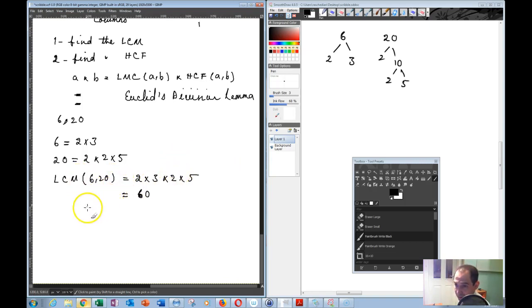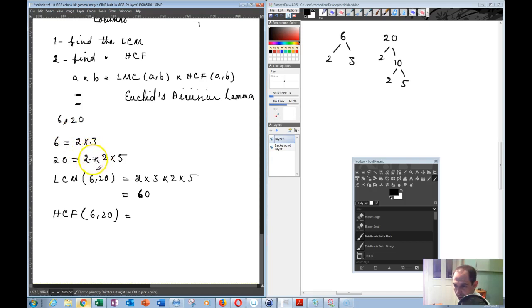And then if you want to find the HCF of these two numbers, 6 and 20, now that you have prime factorized them, you are looking for the common factors. The LCM is the least common multiple of these two numbers; this is the highest common factor.